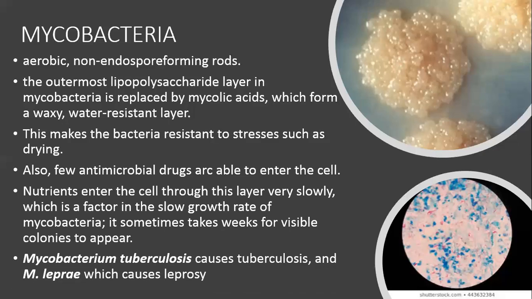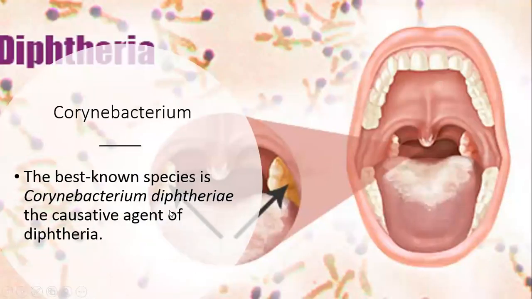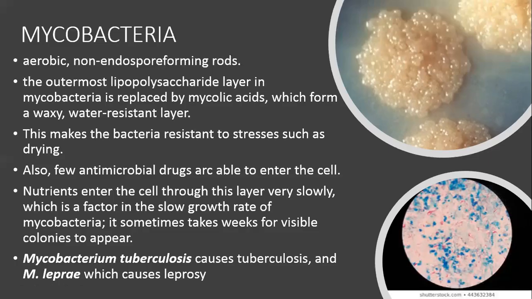Another one is Mycobacterium leprae, which causes leprosy. And another important mycobacterial strain is Mycobacterium bovis, which also causes a severe form of tuberculosis in cattle as well as in humans.